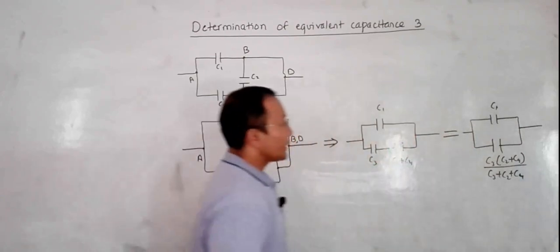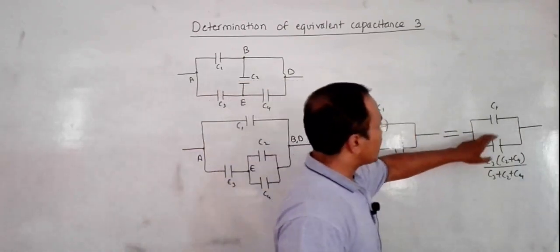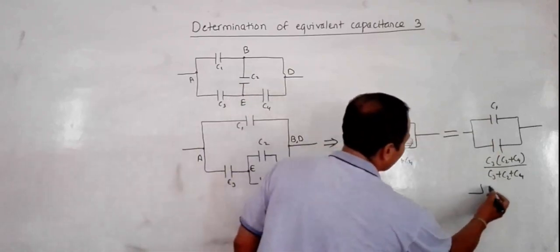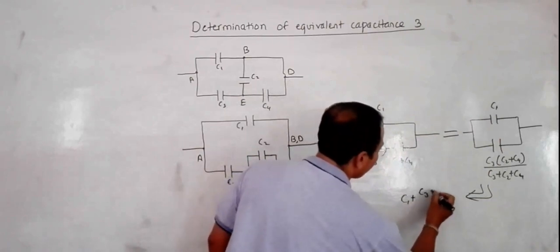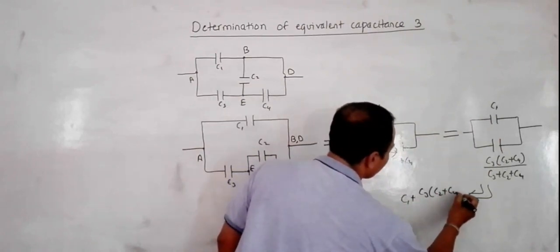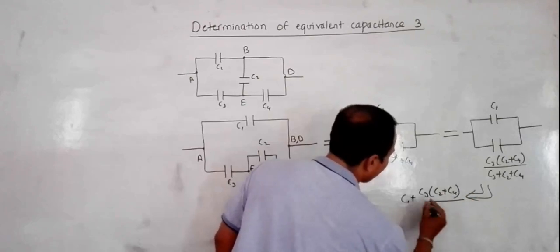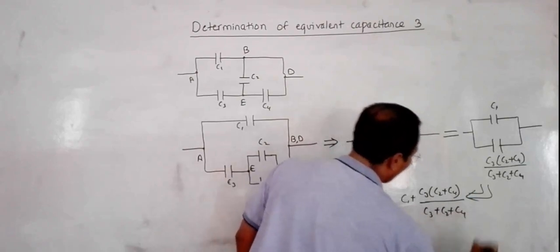Then at last, the final capacitance is the parallel of these two. So its value will be equal to C1 plus C3 into C2 plus C4, over C3 plus C2 plus C4.